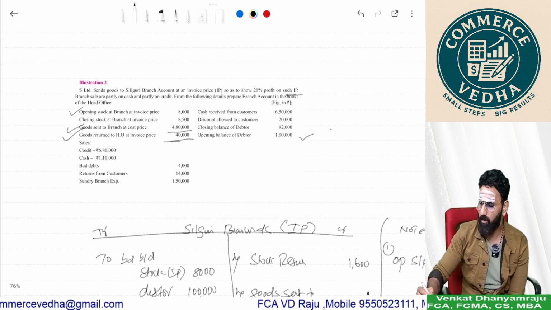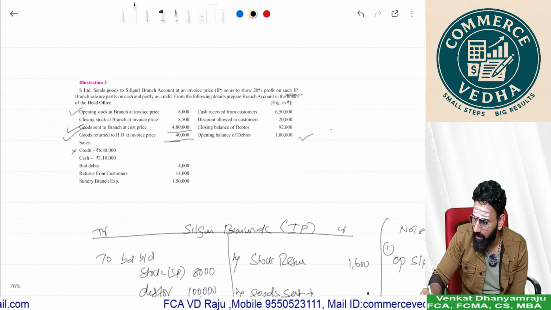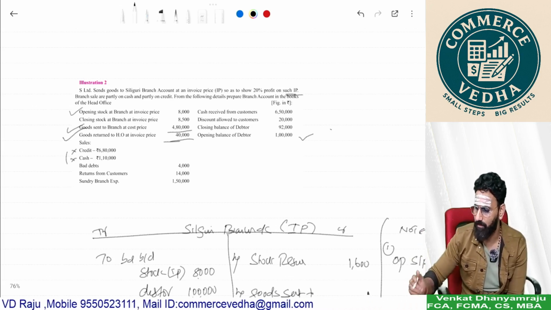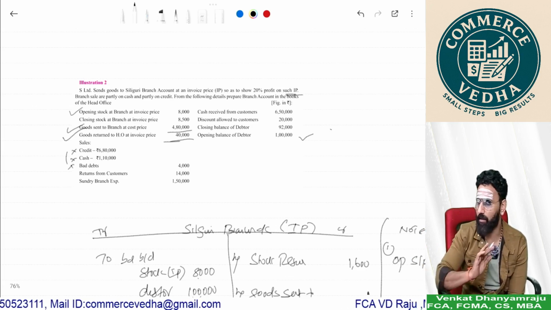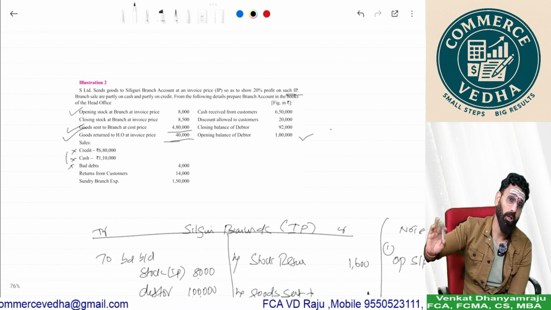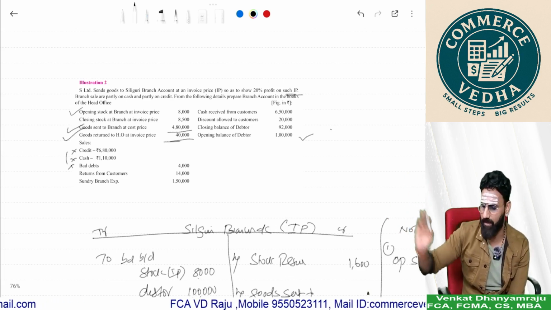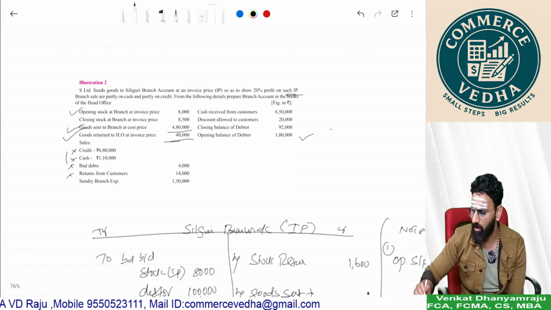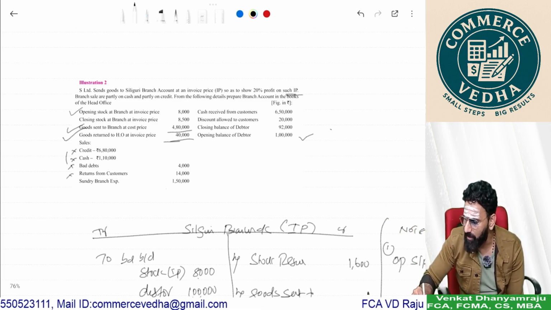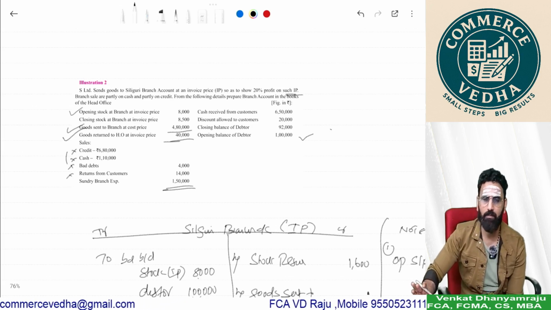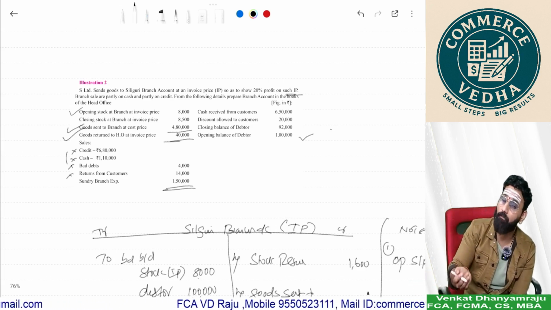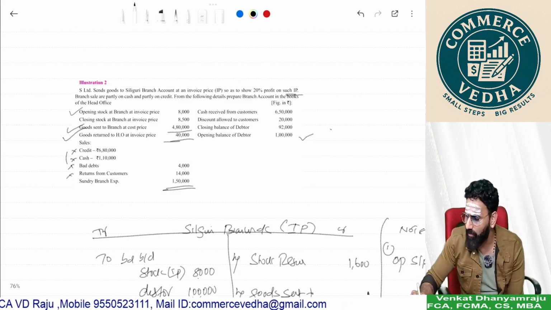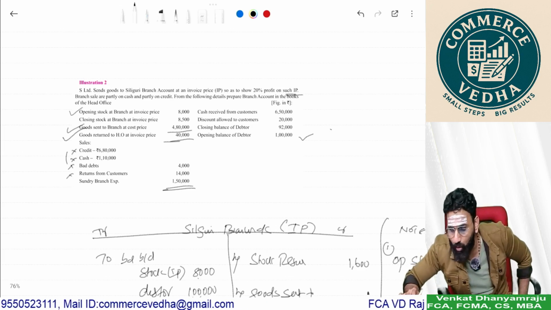Now comes sales, credit and cash. We don't record them in the branch account. Bad debts we don't record in the branch account. We'll take them to memorandum accounts if necessary. Returns from customers we don't record in the branch account. Sundry branch expenses. Branch expenses we normally don't record, but for branch expenses we'll get money from head office. So this 1,50,000, if you see there is no opening cash, no closing cash.